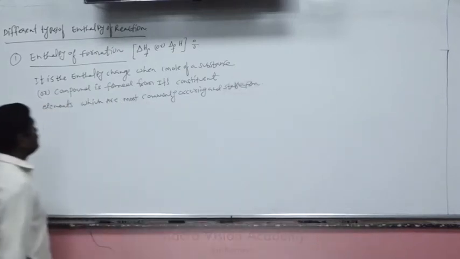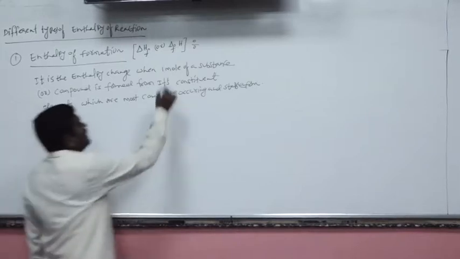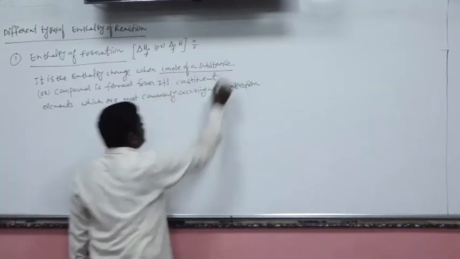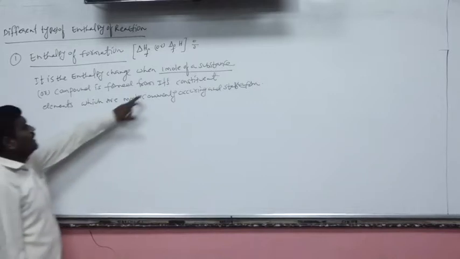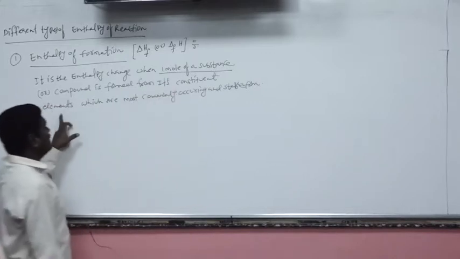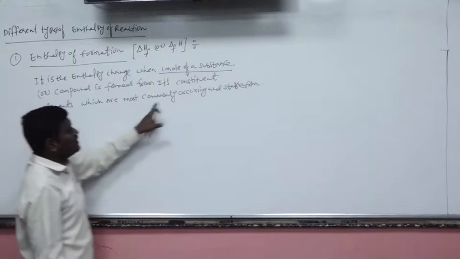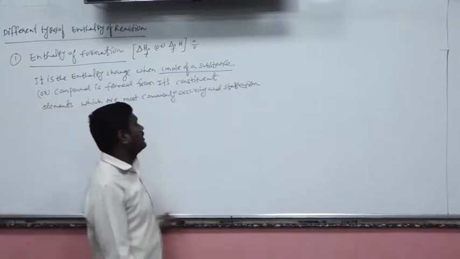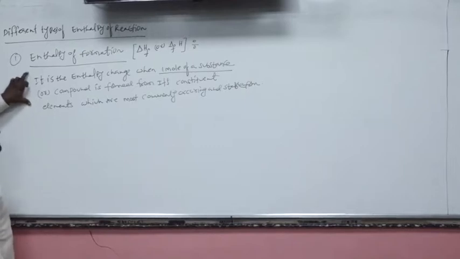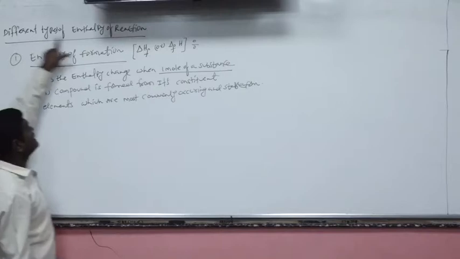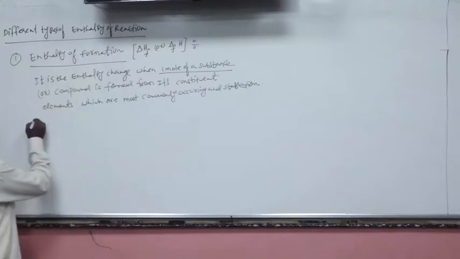Here, the important thing is that 1 mole of a substance is to be prepared from its constituent elements. The elements must be in the most commonly occurring and stable form. Now, if this enthalpy of formation is taken at standard state, then it is referred to as a standard enthalpy of formation.